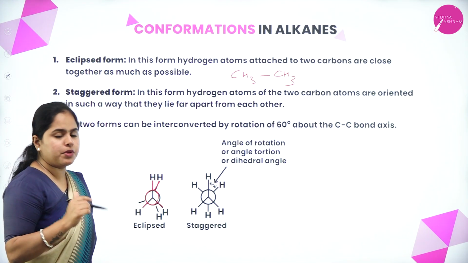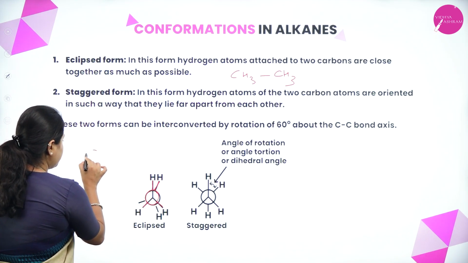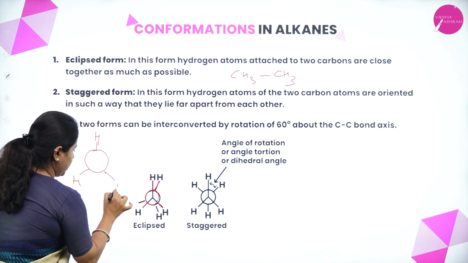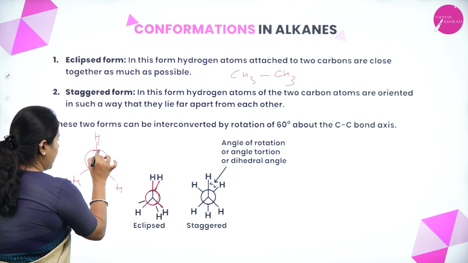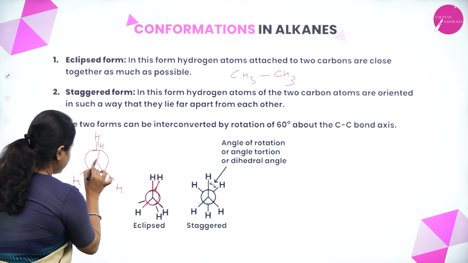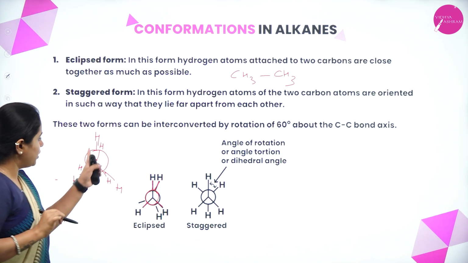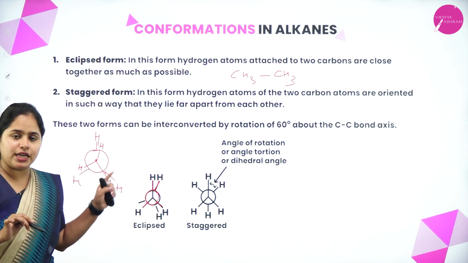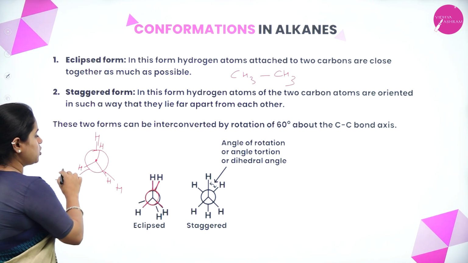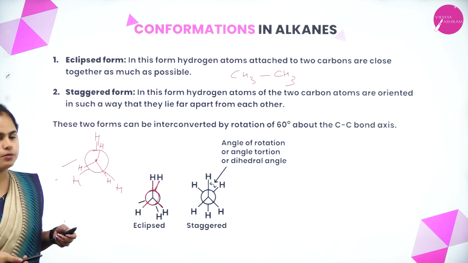So this type of representation is called eclipsed. So this is one carbon atom which has 1, 2, 3 hydrogen atoms, and this is of the second one, and they are very close to each other, as you can see, right? Okay, so in this case, the hydrogen atoms of both the carbon atoms are as close as possible. So this is called the eclipsed form or eclipsed conformation.